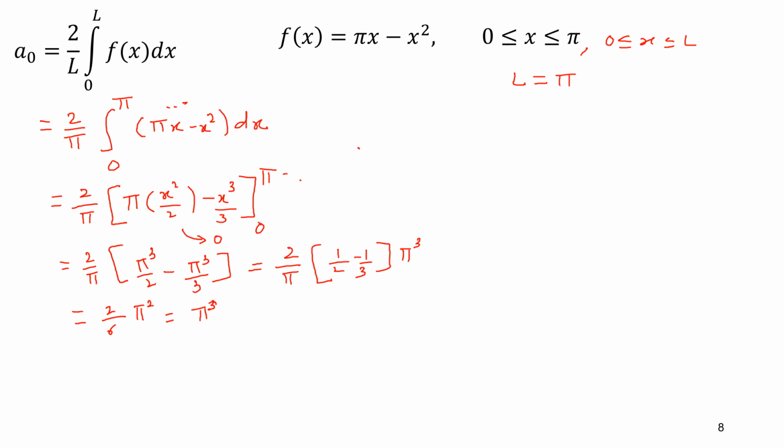So the final answer is a0 is pi square by 3.